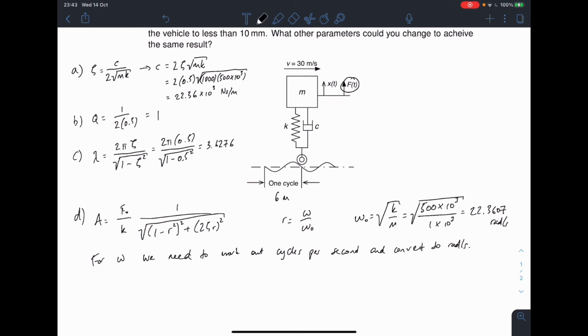Well, it makes sense that the frequency in cycles per second is going to be the velocity divided by the wavelength, which I'll call L, and so that's going to be 30 meters per second divided by 6 meters, which is 5 hertz. Omega is 2 pi f, and so we get 10 pi, which is 31.4159 radians per second.